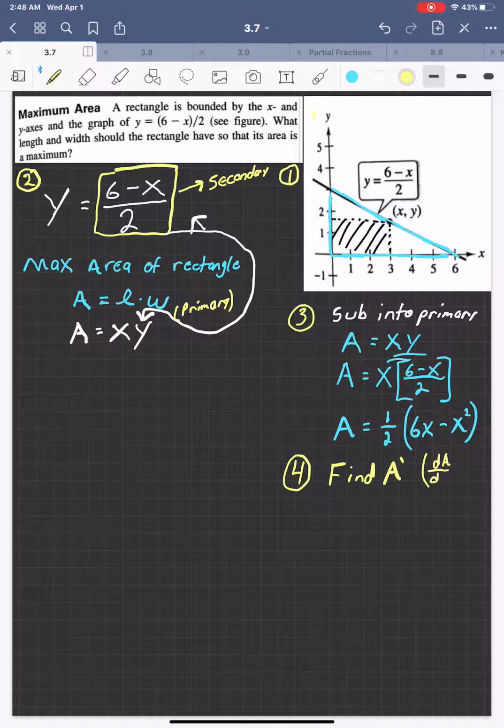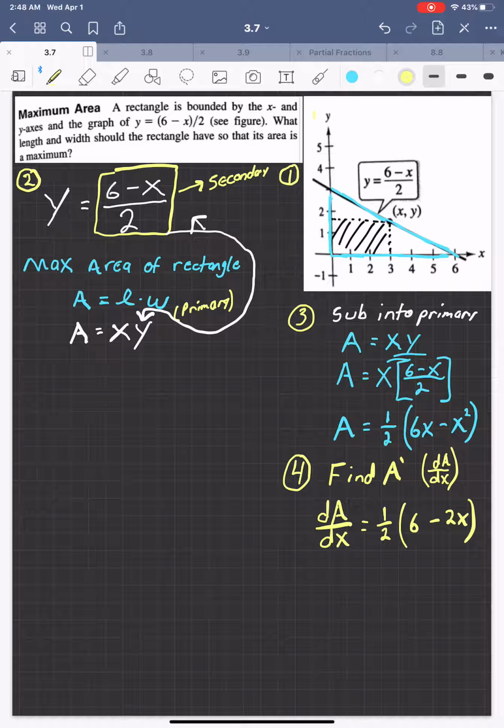So in this case, the derivative of our area function with respect to x is a fairly easy derivative. That's going to be 1/2. The derivative of 6x is 6. The derivative of minus x squared is minus 2x.